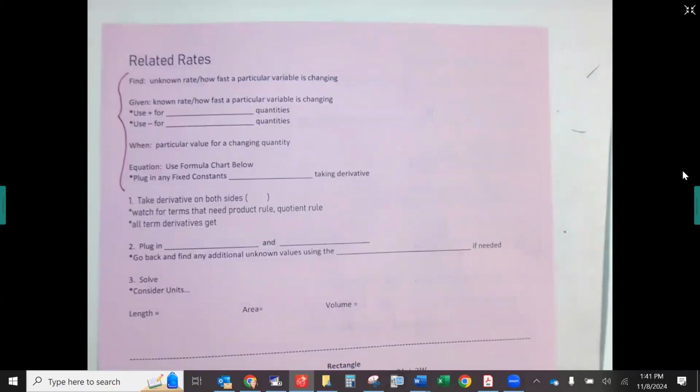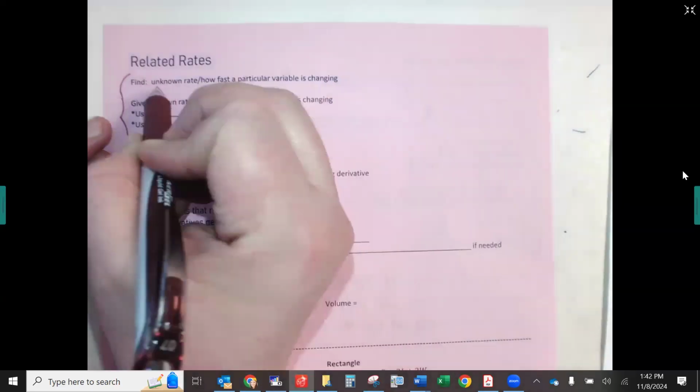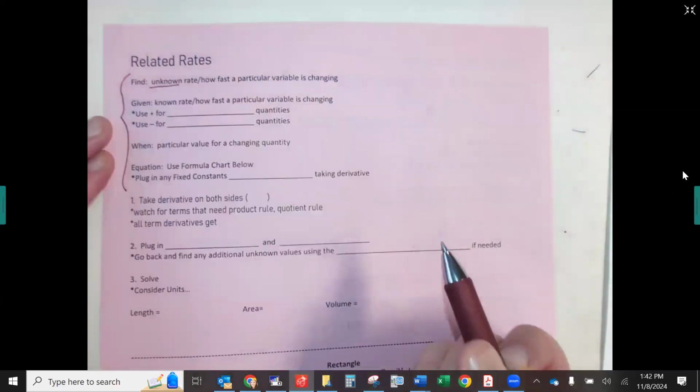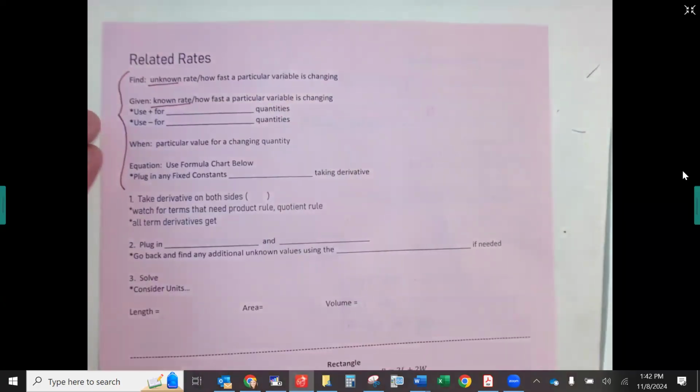Okay, remember that your find and your given are rates for how fast things are changing. The find is the unknown rate. The given is the known rate. Remember that the plus or minus should be assigned based on whether it's an increasing quantity or a decreasing quantity.